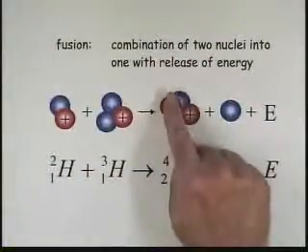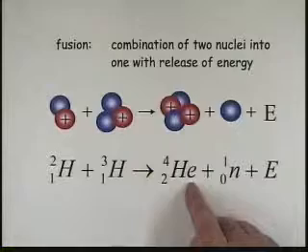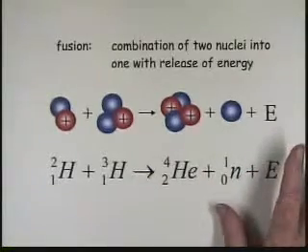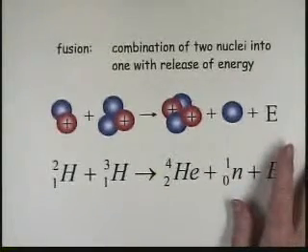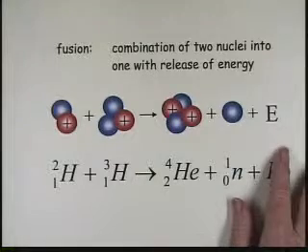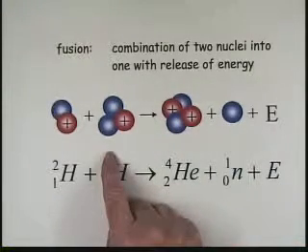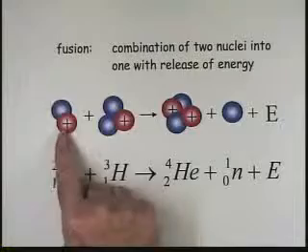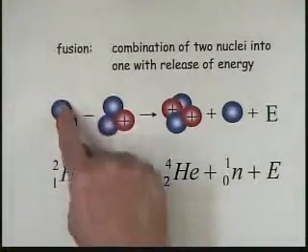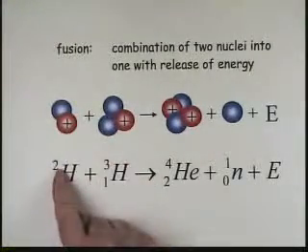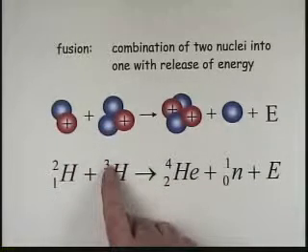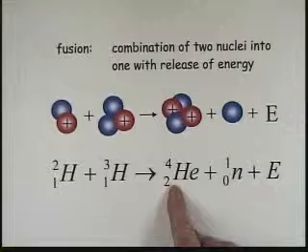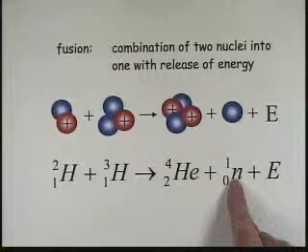Fusion is the combination of 2 very small nuclei into one larger one with a huge release of energy. Here's one example of a fusion reaction. In this reaction, 2 different isotopes of hydrogen, deuterium with a mass of 2 and tritium with a mass of 3 atomic mass units, combine to form a helium nucleus and a neutron.